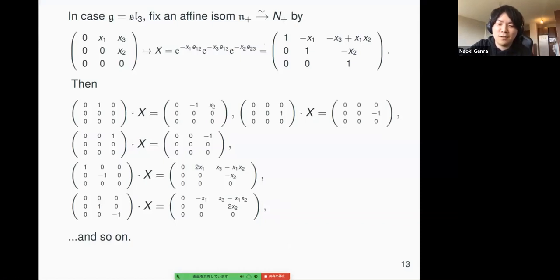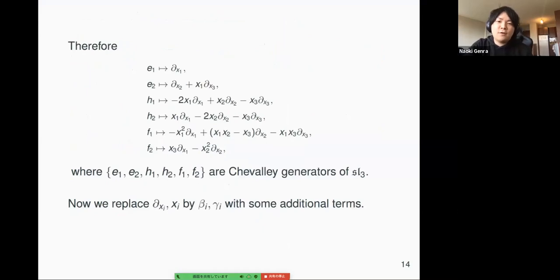We get this result and so on for elements of the Lie algebra SL3. So the result is, now you understand that E1 is just the derivation with respect to x1 and E2 is the derivation with respect to x2 and so on. Why? Let's check.